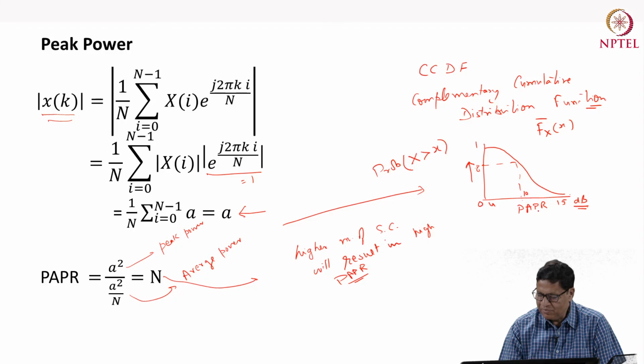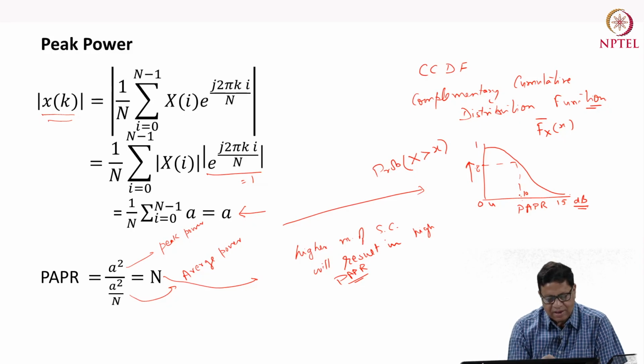So when the PAPR threshold is considered as 10 dB, then 20% of the signals, or 0.2 of the signals, will be more than 10 dB. Otherwise, 80% or 0.8 part of the signals will have PAPR less than 10 dB. Different data symbols will have PAPR less than 10 dB.